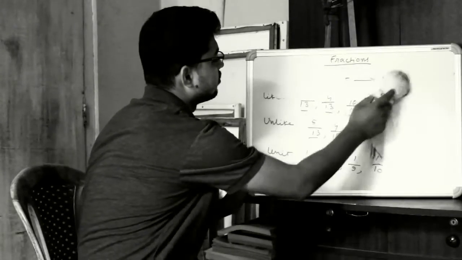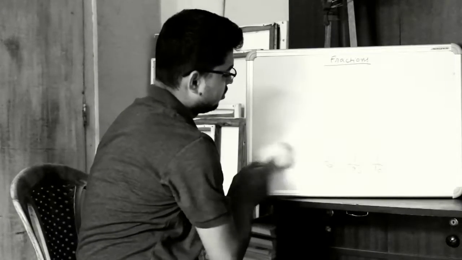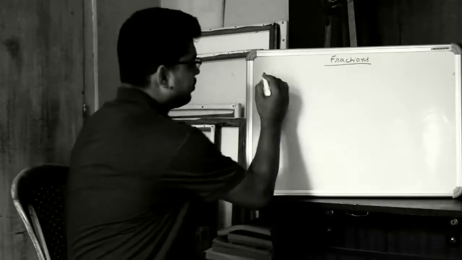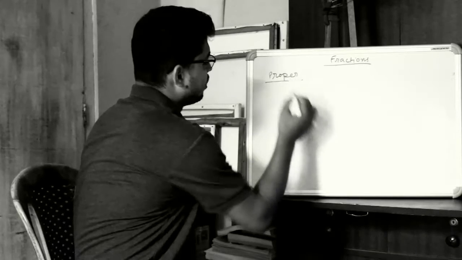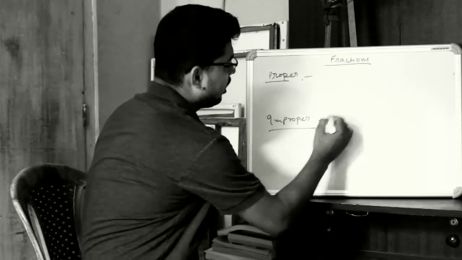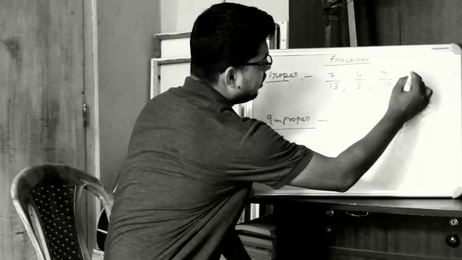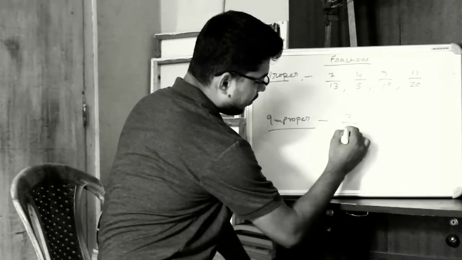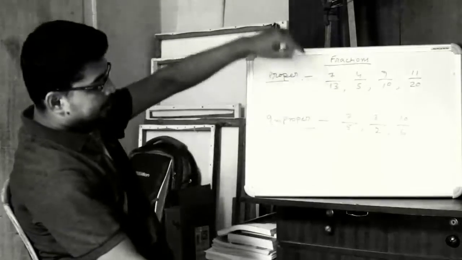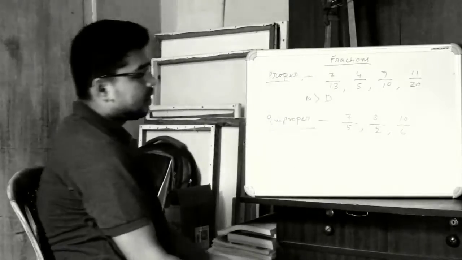Next, proper and improper. See, proper fractions are 7 by 13, 4 by 5, 9 by 10, 11 by 20, and improper fractions are 7 by 5, 3 by 2, 10 by 6, etc. If the numerator is less than the denominator, then this is called a proper fraction.